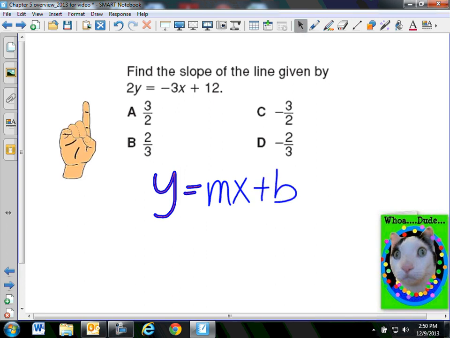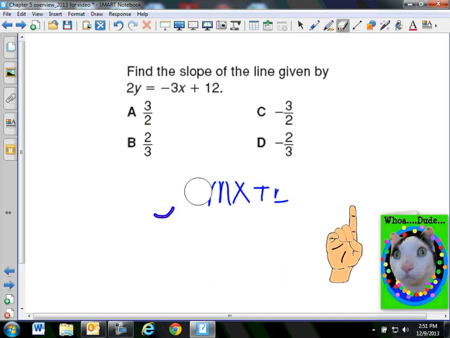Do you remember how this m right here represents the slope, and this b represents where you start? Basically, this is the y-intercept. So whenever you have an equation that's already in this format, it's very easy to tell what the slope is and where to start. But when it looks like this, we need to change it first so that it looks like this. So that's the first thing you're going to want to do here.